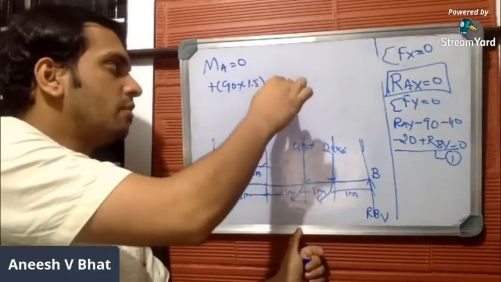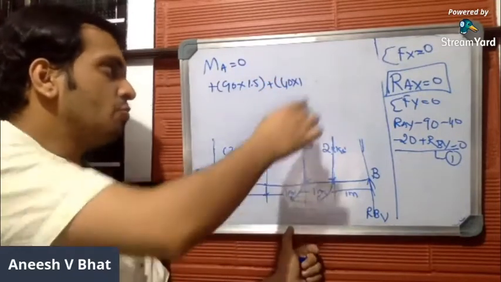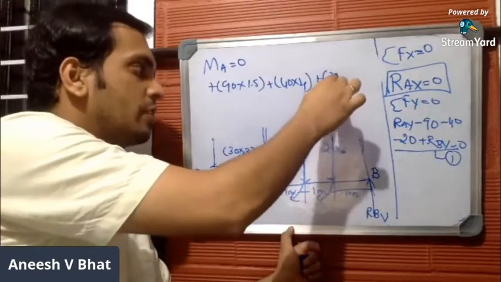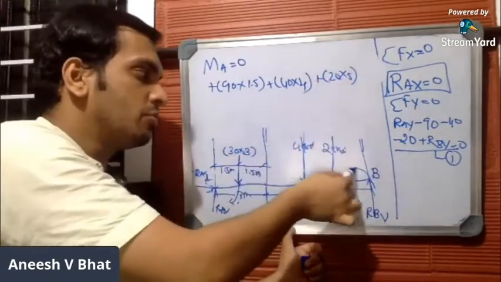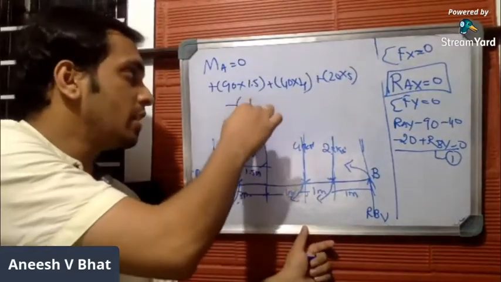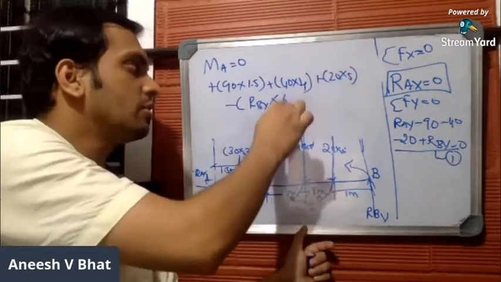So plus 40 into 1 plus 3, which will be 4. Or plus 20 into 3, 4, 5. And this will produce an anti-clockwise moment. So minus Rby into 3, 4, 5, 6 is equal to 0.